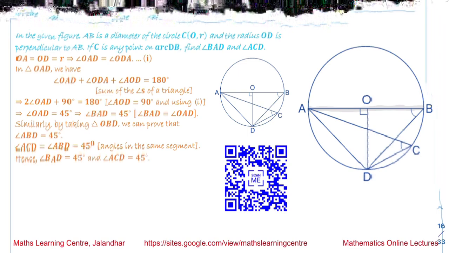Now next we are given this circle, and it is given that AB is the diameter of the circle with center at O, and AC and BD produced meet. This AC is produced and this BD is produced, and they meet at the point E over here, and angle COD is 40 degrees.